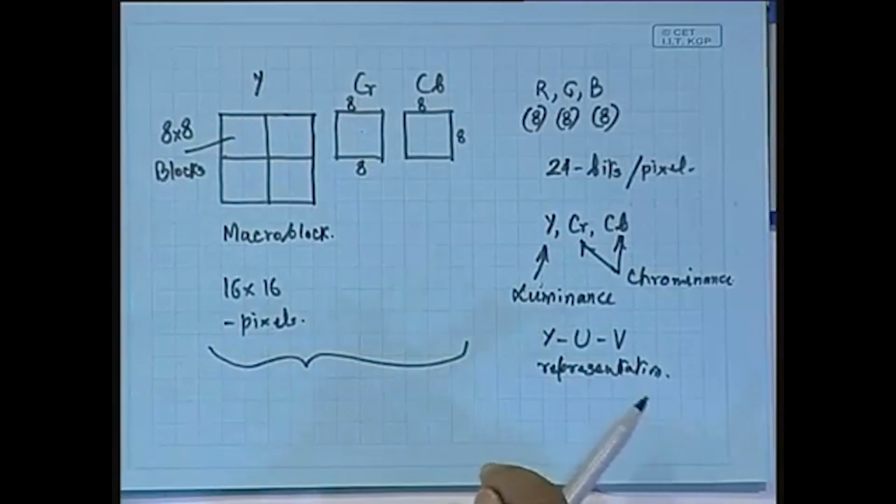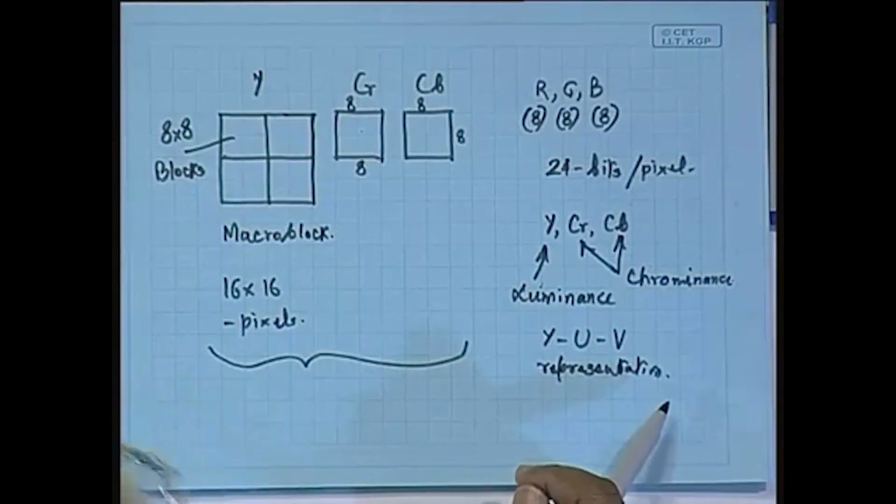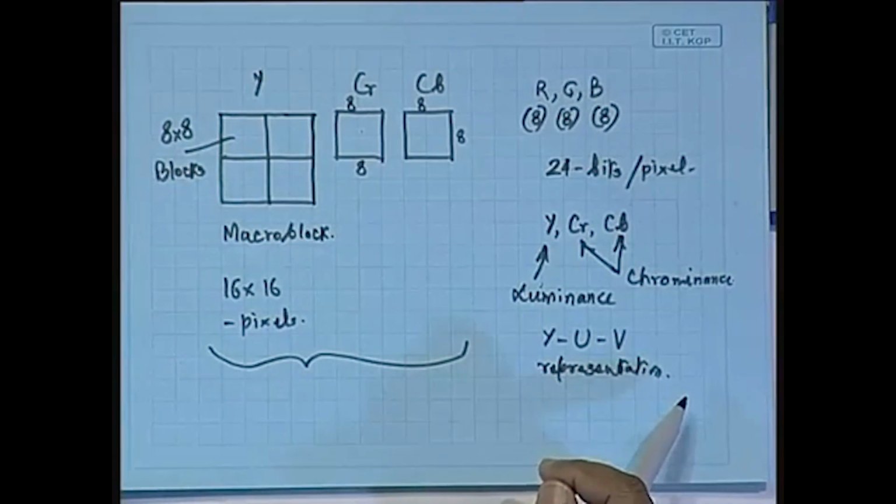Having known this structure, it is now very important for us to see how we encode every macro block. First of all, why are we having this type of structure? Whenever we are encoding a video frame, the important thing we do is to quantize the transformed samples.